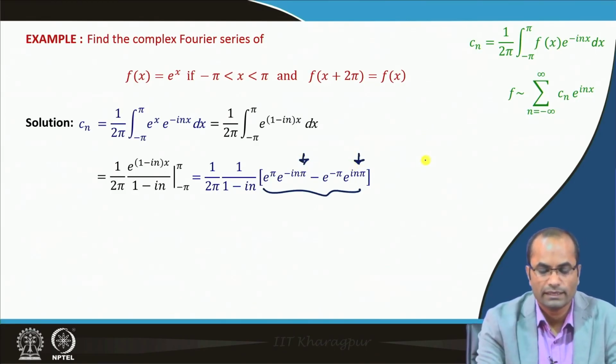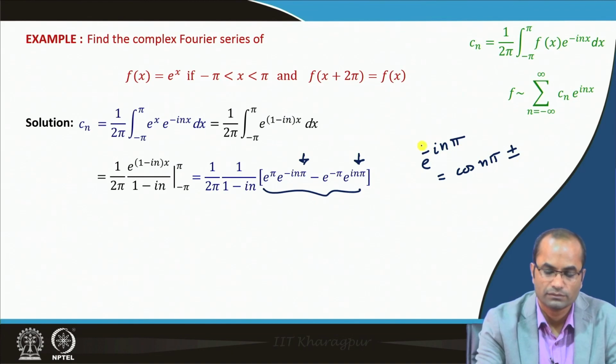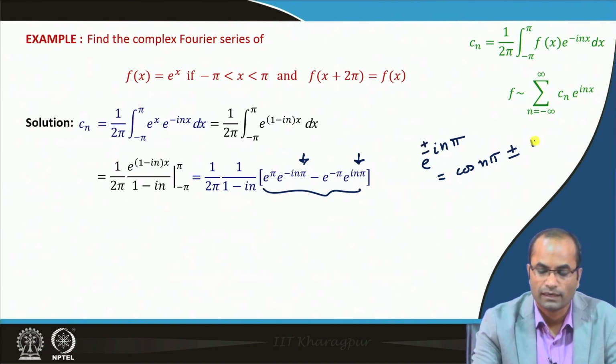So, e^(inpi), plus or minus, in both the cases we will see i n pi. This is cos n pi plus or minus i sin n pi.